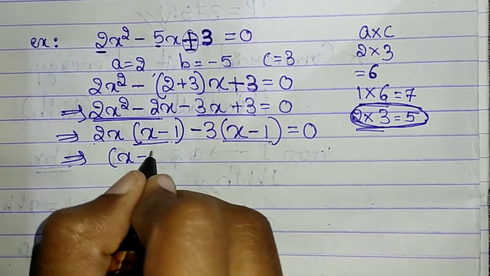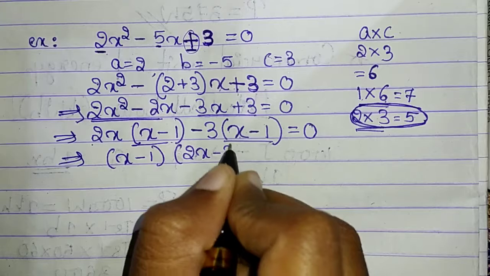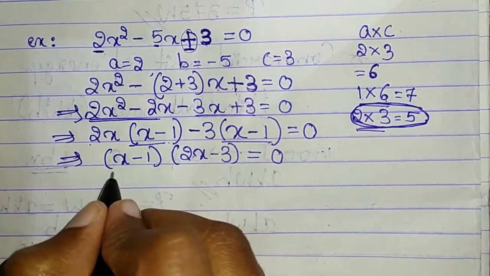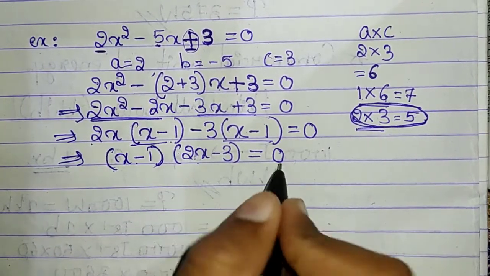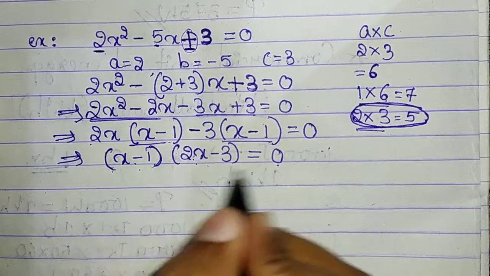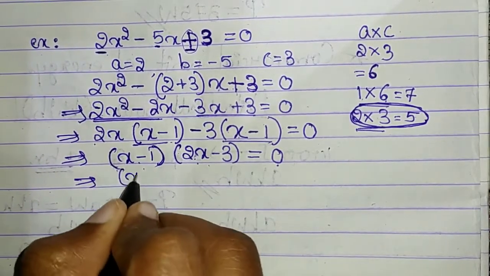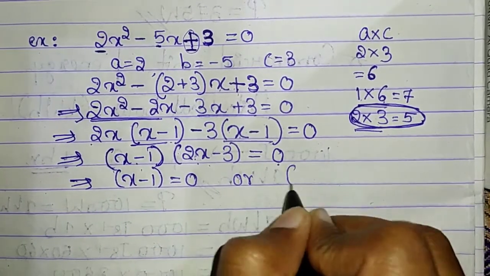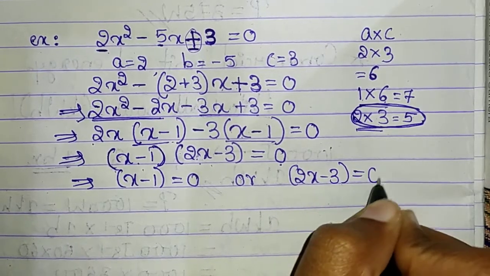Taking x minus 1 common, we get 2x minus 3 in the brackets, which is equal to 0. When the product of two numbers is equal to 0, we can equate either of them to 0. So this implies x minus 1 is equal to 0 or 2x minus 3 is equal to 0.